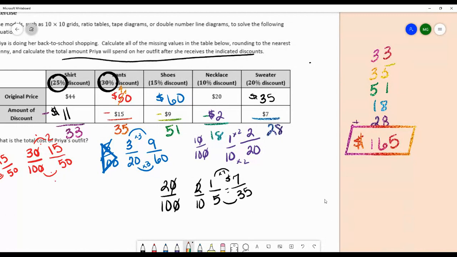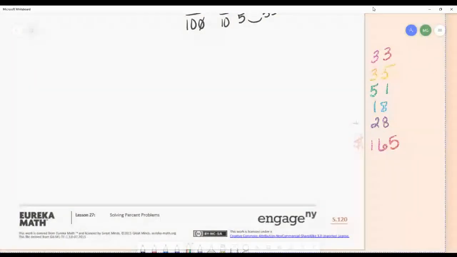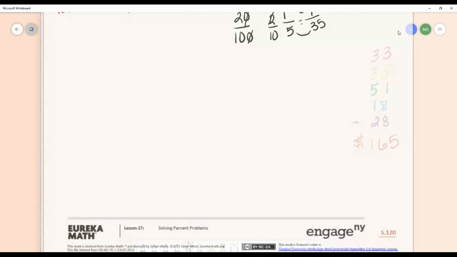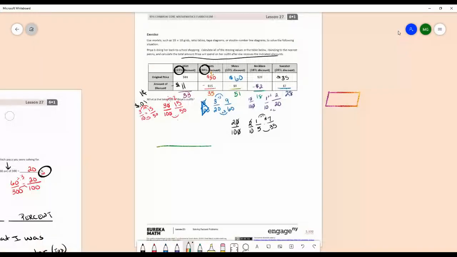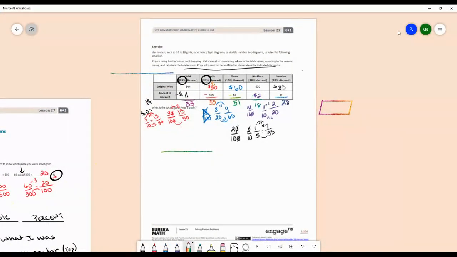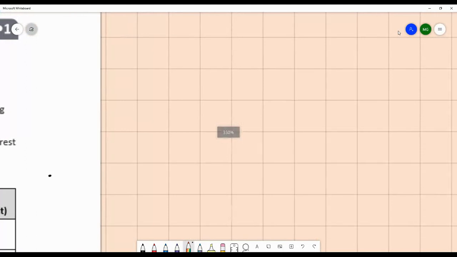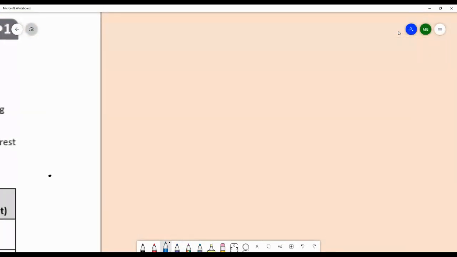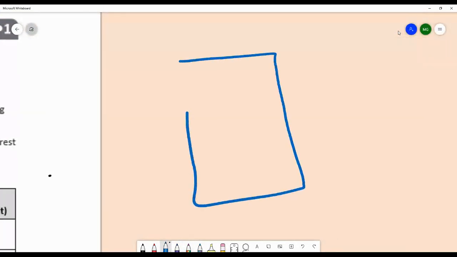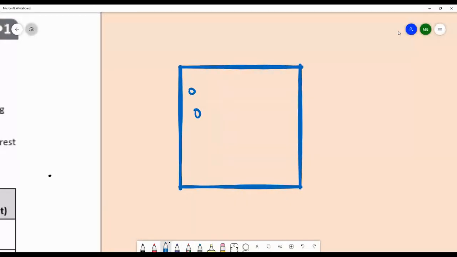Okay, so let me show you what I'm talking about. If this was a blank sheet of paper that you just got out. All right, there's my blank sheet. Okay, this is your blank sheet of paper. There's your holes in your sheet.